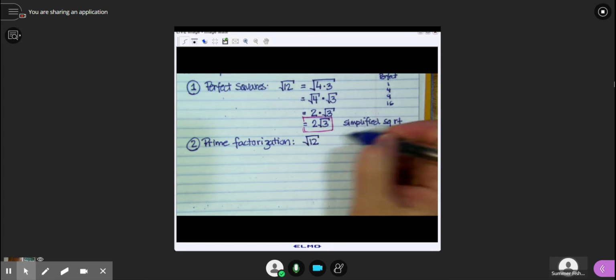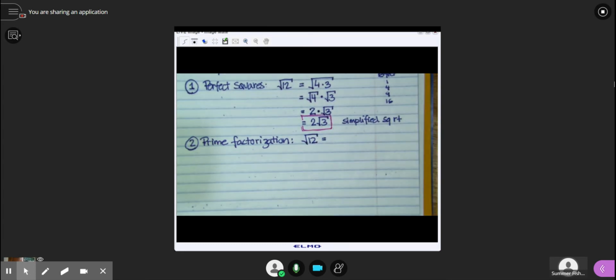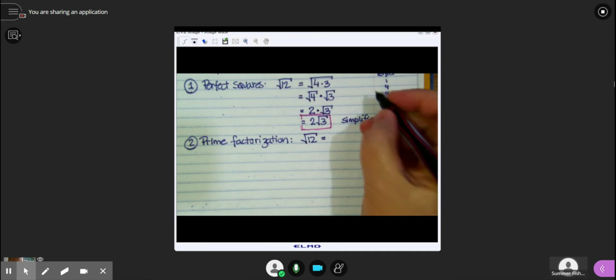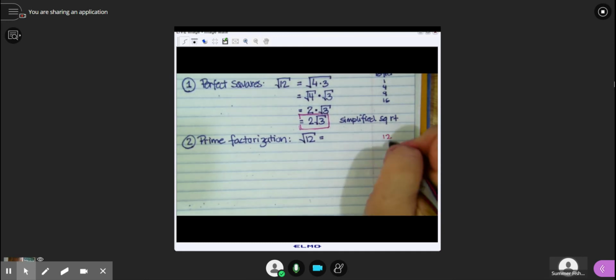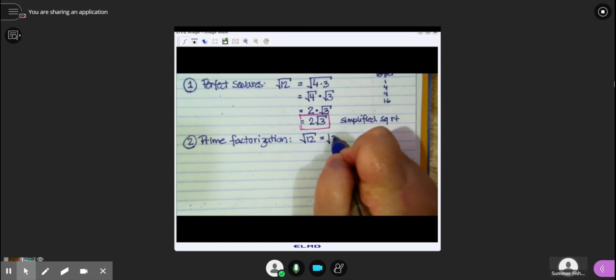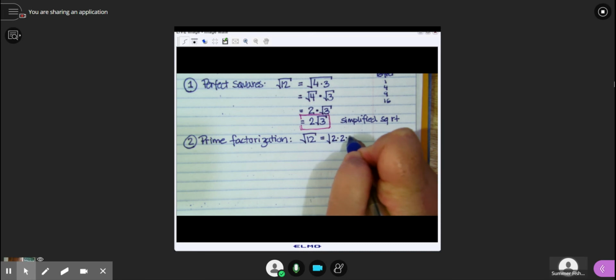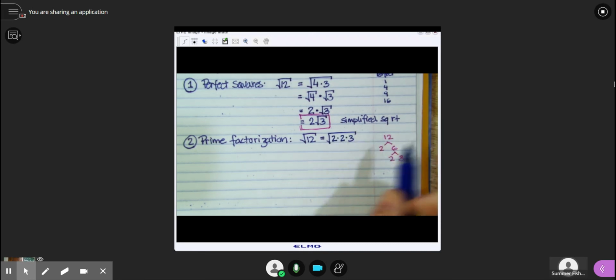So the square root of 12 would be equal to... And off to the side, I'm going to do the prime factorization of 12. 12 is 2 times 6, which is 2 times 3. So 12 is the same as 2 times 2 times 3.